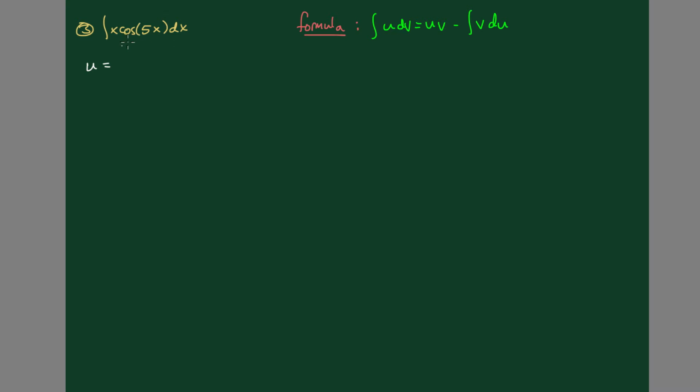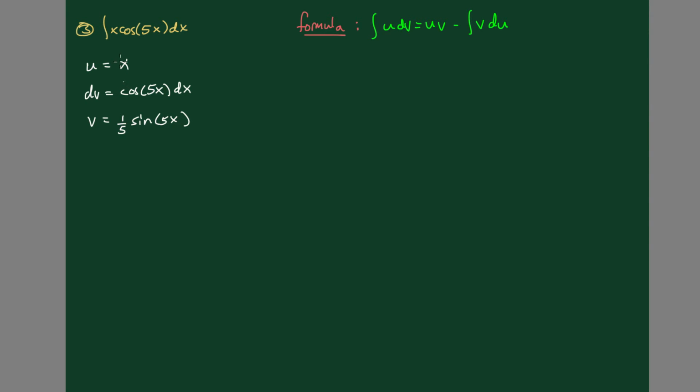Alright? So I can choose my u to be x, and my dv is going to be cosine of 5x dx, which means my v is going to be the integral of this, which is just 1 over 5 sine of 5x.